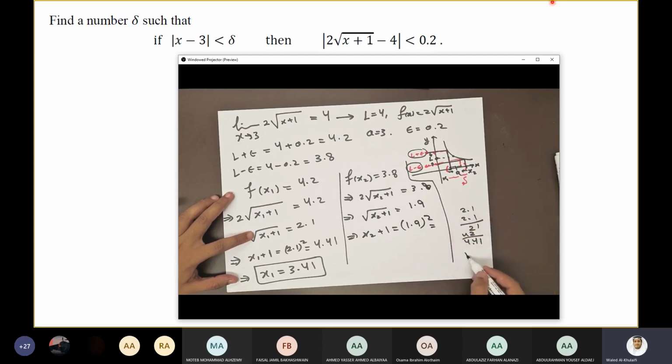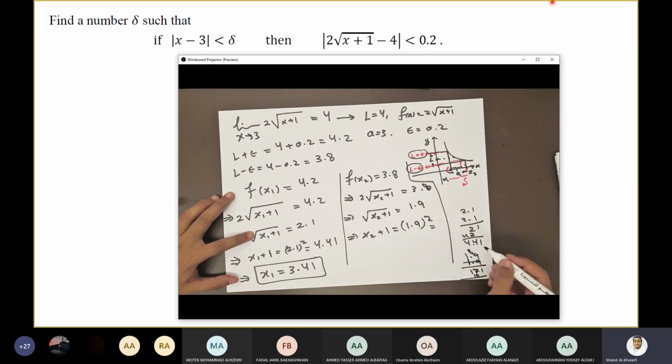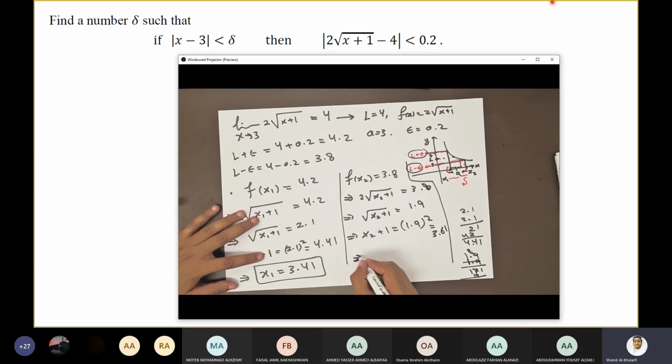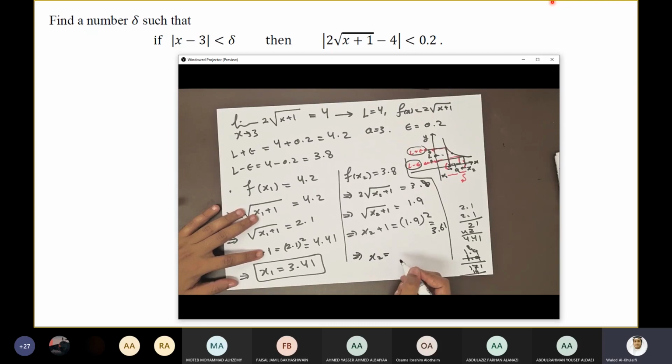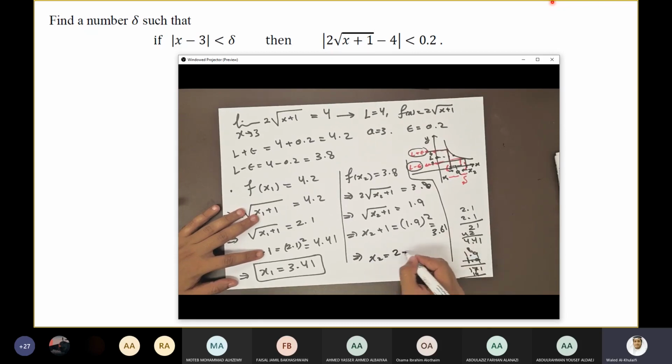And then I have to do it again, sorry. 1.9 squared is 3.61, so it will be like this. So this implies that x2 is equal to, I don't know if you are seeing here, when we get, 2.61.